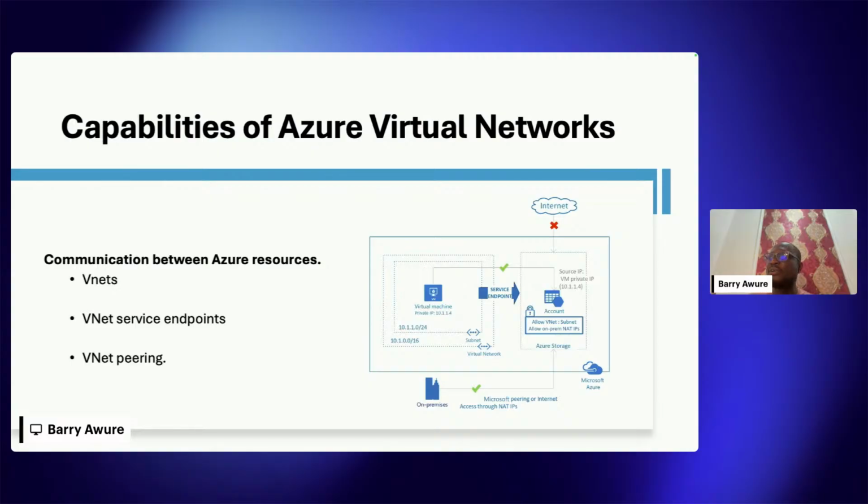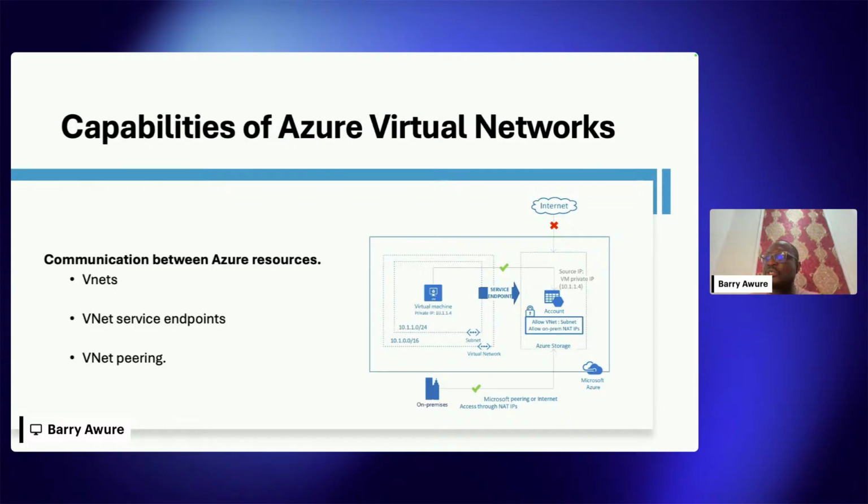Once you have a VNet, once you have a service endpoint or a VNet pairing, you can establish communication with any Azure resource on Azure, right? With these three resources, you can get to establish communication with different forms of resources on Azure without having to worry your mind too much, right? So probably you have service endpoints that you want to establish communications with, right?